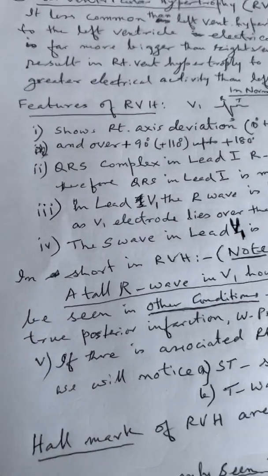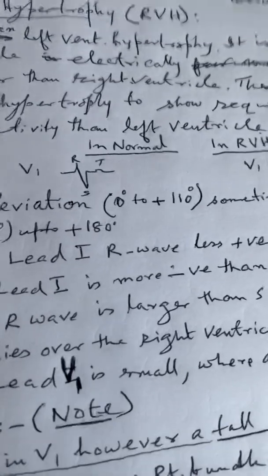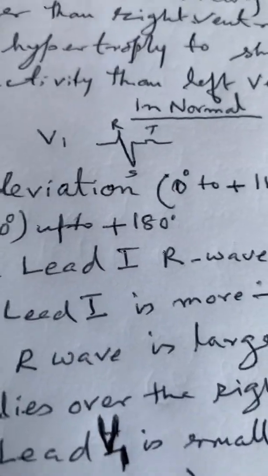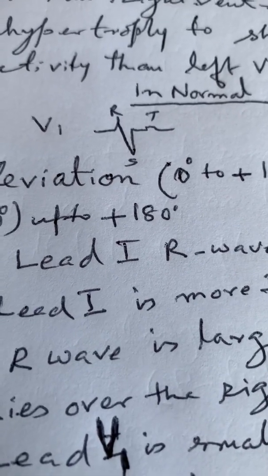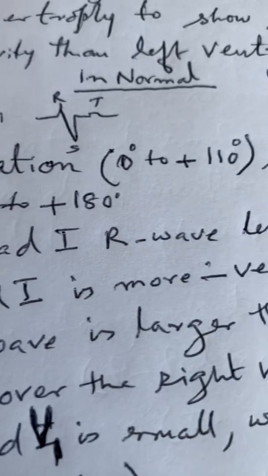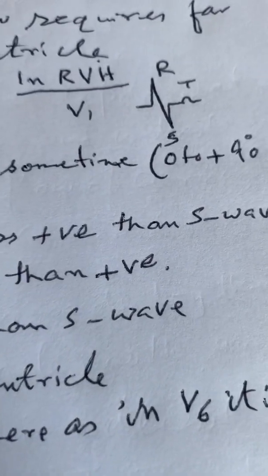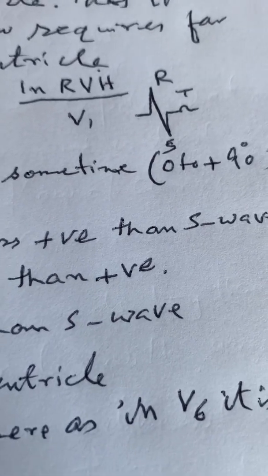Now, the hallmark of right ventricular hypertrophy is this: in a normal case you see a small r in V1, but in right ventricular hypertrophy, in V1 the R is taller than the S. R is taller.